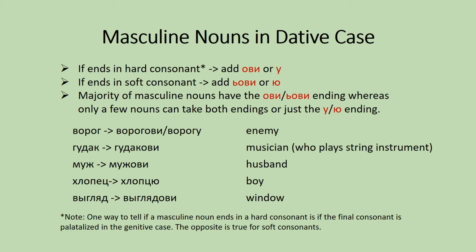Chlopec, meaning boy, becomes chlopču. Vhľad, meaning window, becomes vhľadove. Note: one way to tell if a masculine noun ends in a hard consonant is if the final consonant is palatalized in the genitive case. The opposite is true for soft consonants.